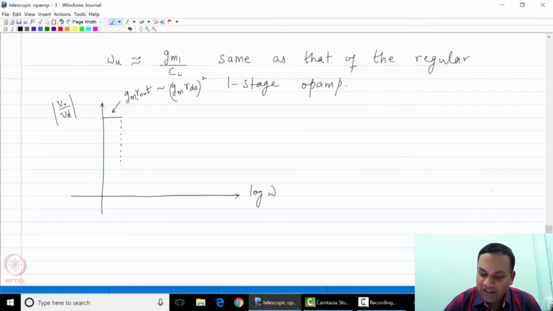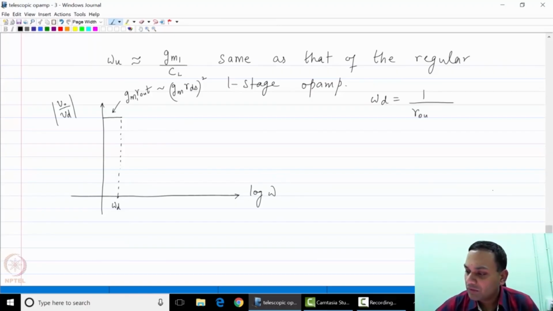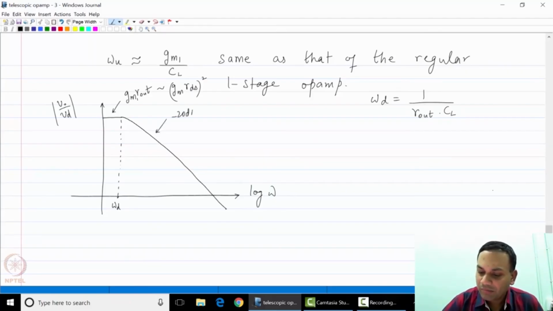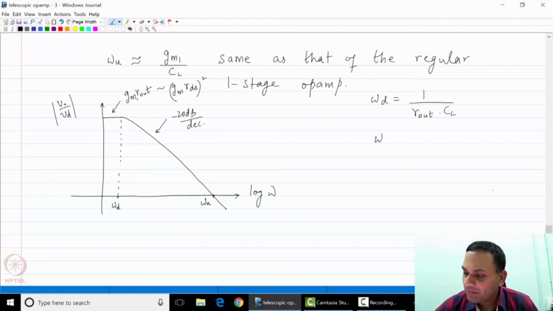Because R out is extremely large, the dominant pole omega d is extremely small. So omega d is 1 over R out times CL, and at this point the op-amp has a minus 20 dB per decade roll-off until it hits omega u, and as you can clearly see, omega u now does not depend on R out, it only depends on GM and CL.